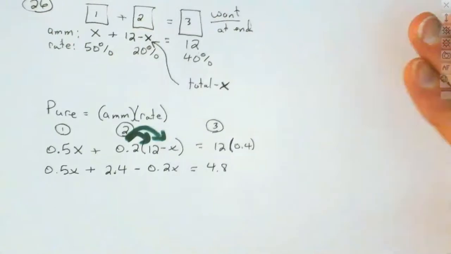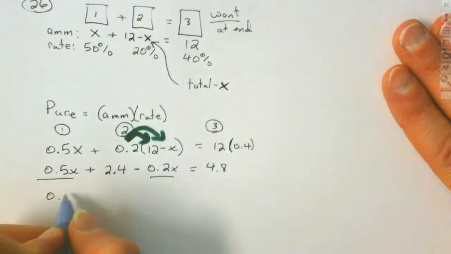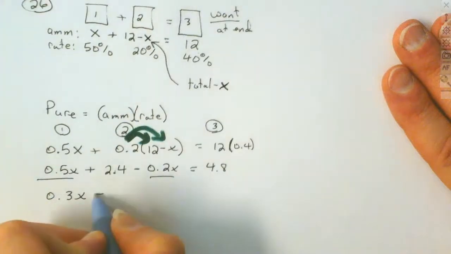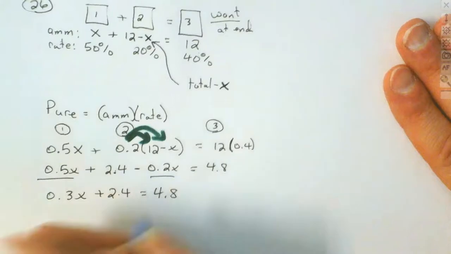Okay, we're going to combine, so those can be combined together first. So that gives you a 0.3x plus 2.4 equals that 4.8.